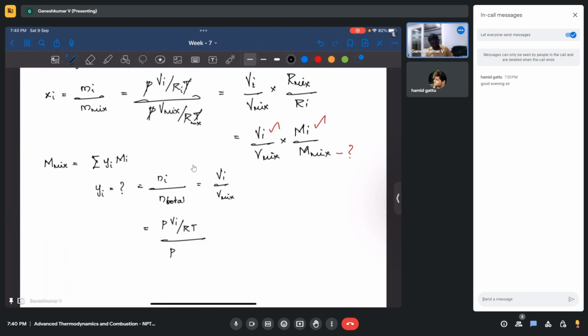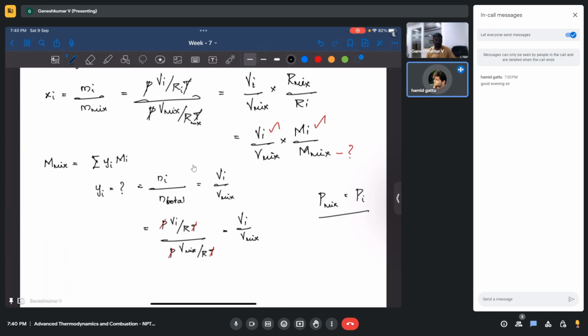Similarly, this is going to be P V mixture by R T. Because the pressure and temperature for the mixture are equal to those of the components, these two are actually the same. Pressure for the mixture is equal to the pressure of each and every gas.